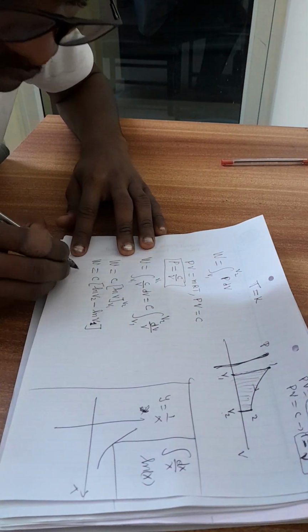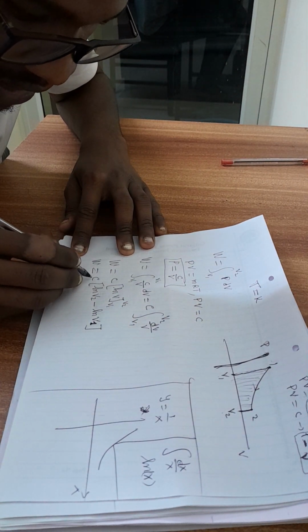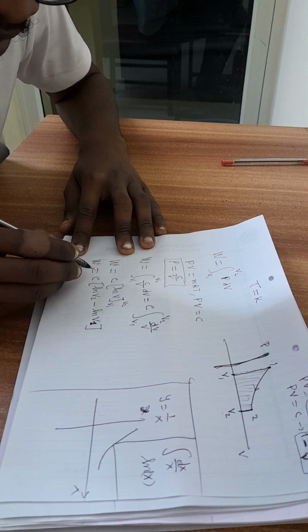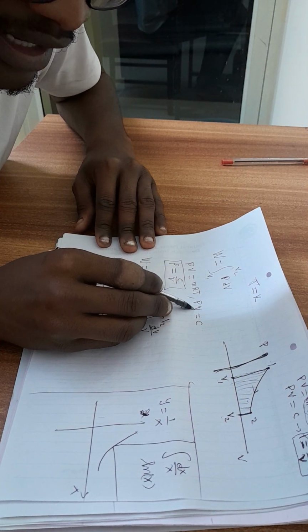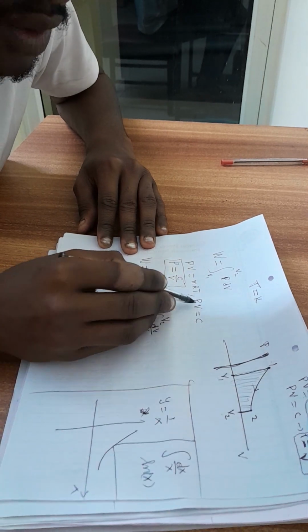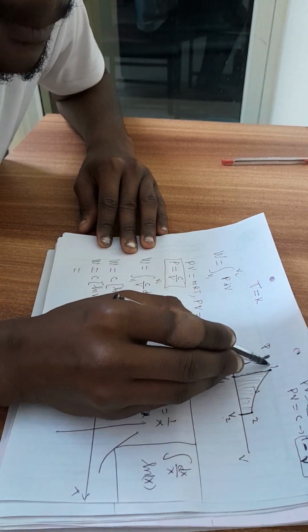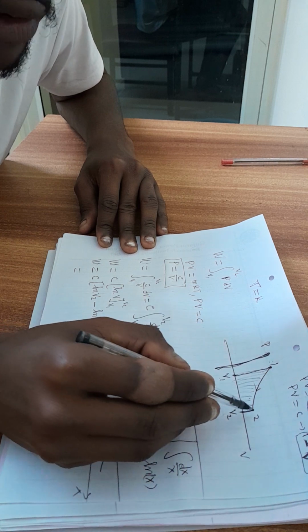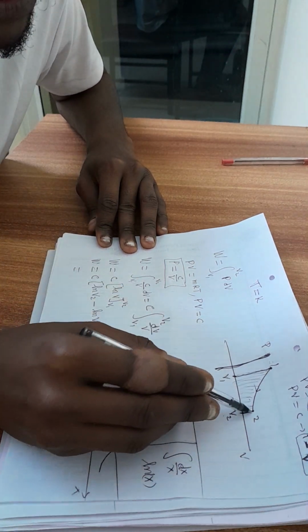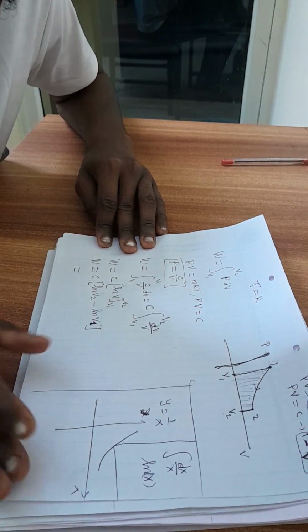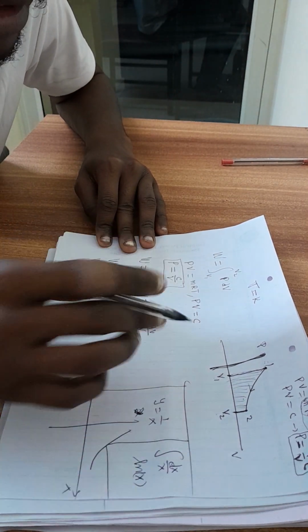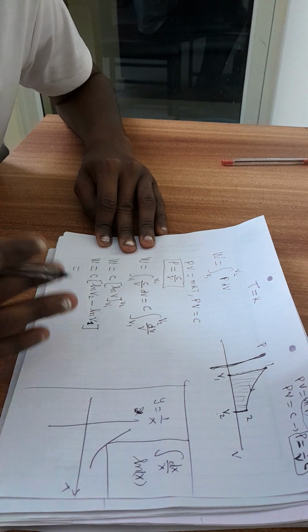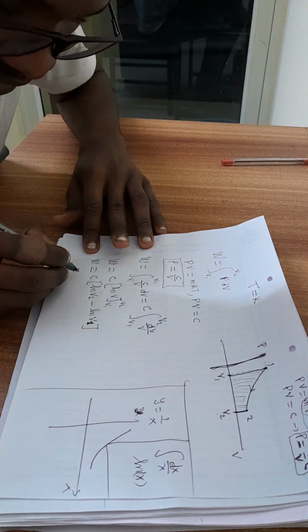So what is this C? We know C is equal to PV. Now here we have states, so we can say C is equal to P1 V1 or C is equal to P2 V2, because they are all the same. So you can just substitute this one.